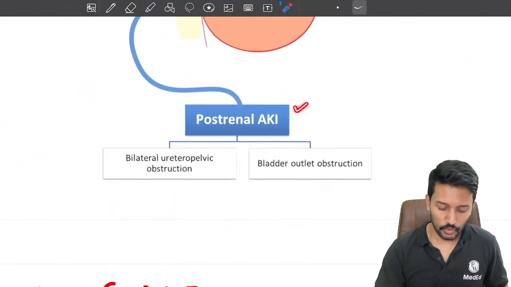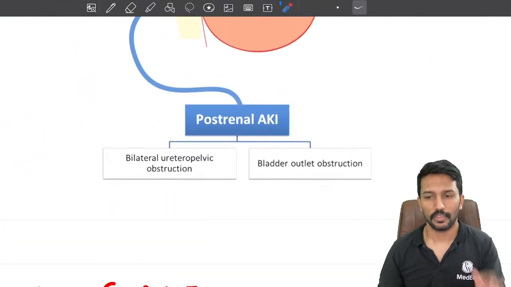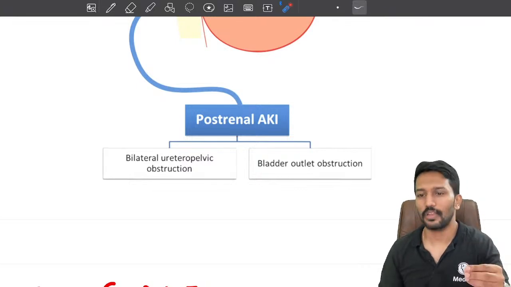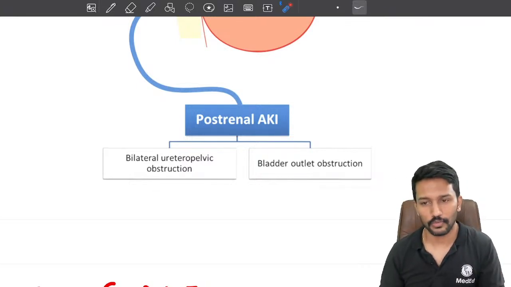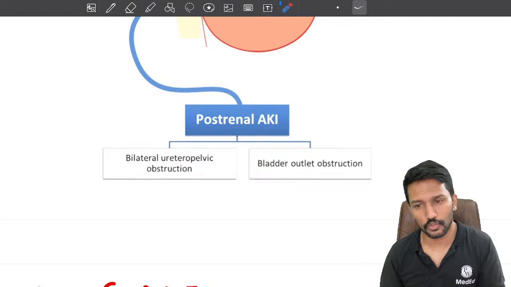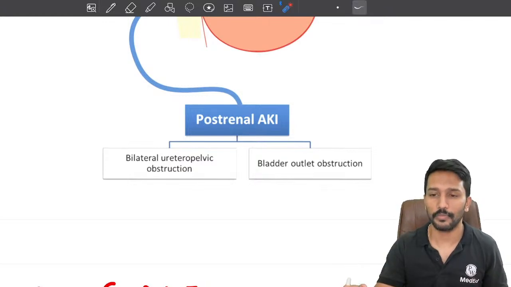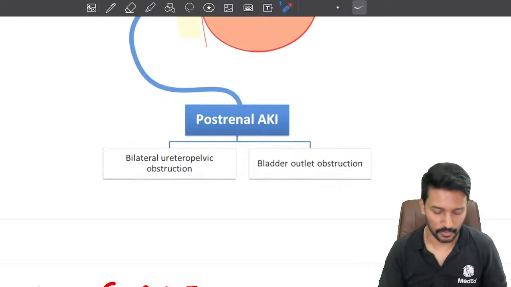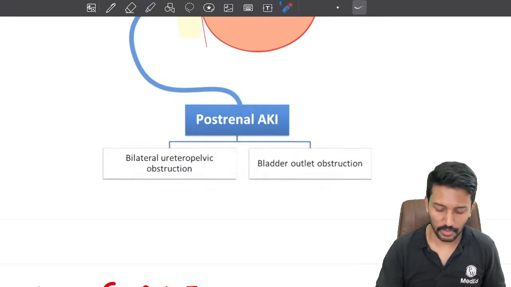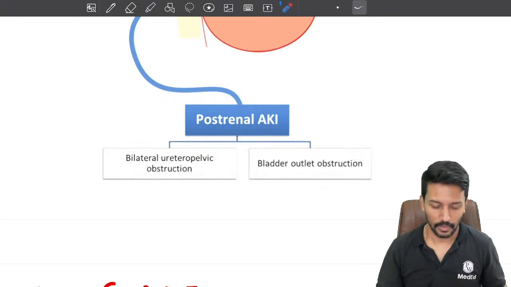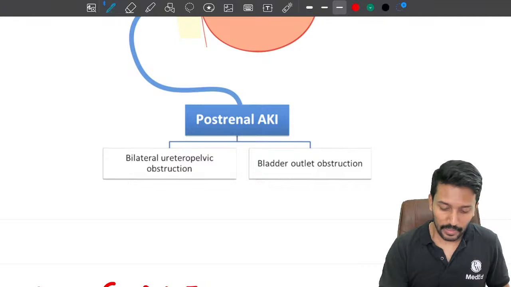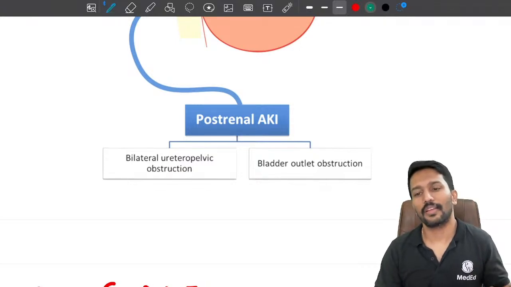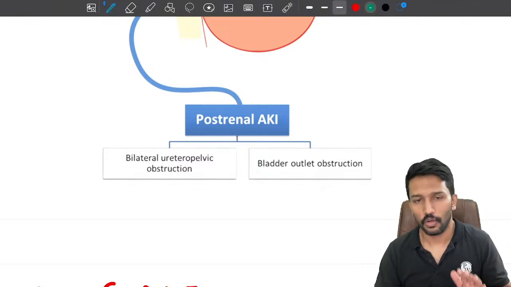Now AKI can also be because of post-renal causes, where the problem is not in the blood flow to the kidney, the problem is not in the kidney also. Blood flow is normal, kidneys are doing their job normal, they are producing the urine normal, but the urine is not able to exit the system because there is some obstruction, either ureteropelvic obstruction or bladder outlet obstruction. Now when I get a case of acute kidney injury, I have to recognize whether it is pre-renal, renal or post-renal.